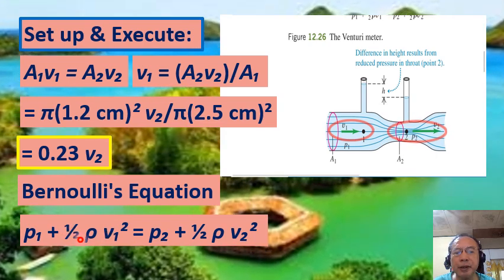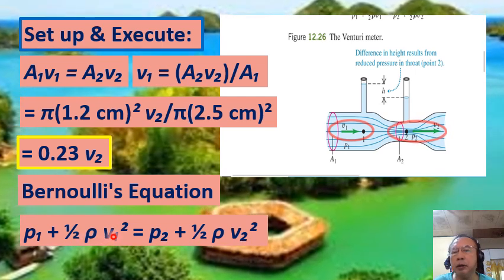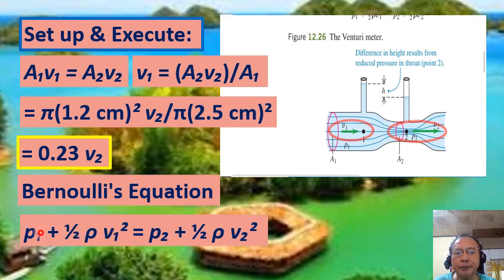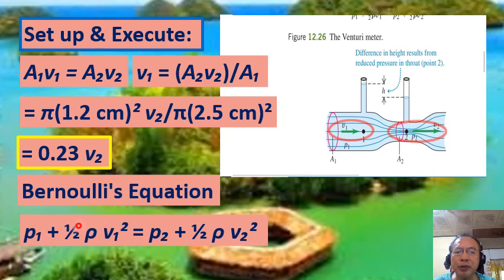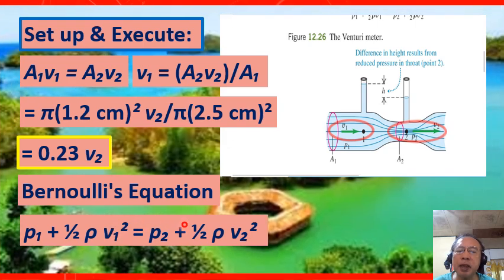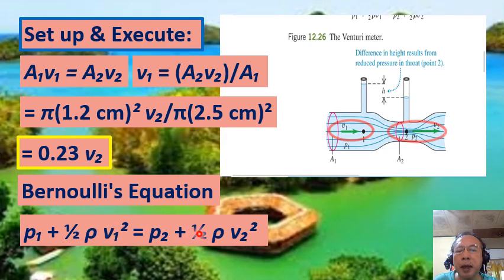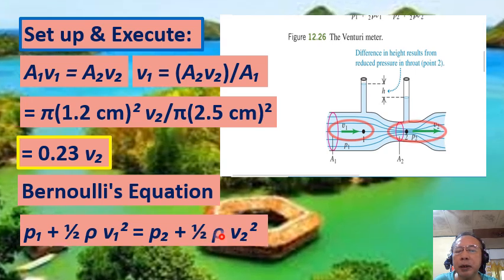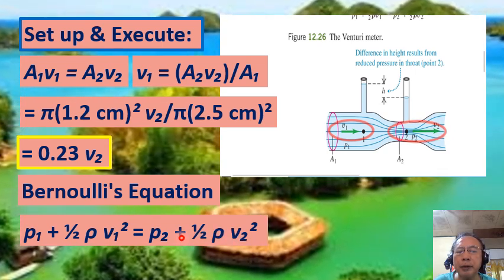And that is expressed as 1 half the density of water times the square of the speed V1, all right? And the sum of the two pressures must be equal to the sum of the pressures P2 plus 1 half density of water multiplied by the square of the speed V2, all right?